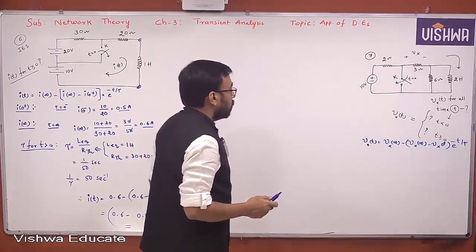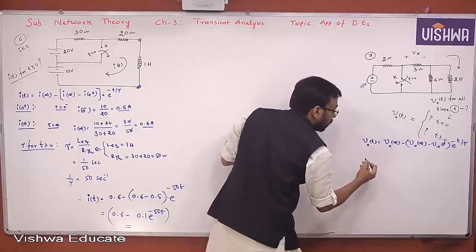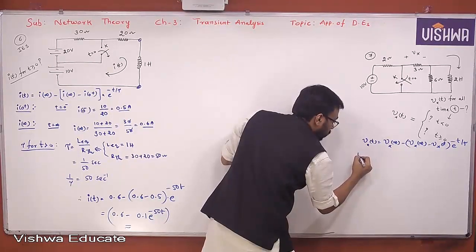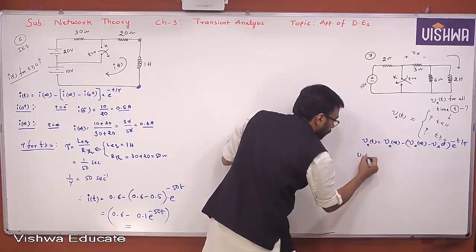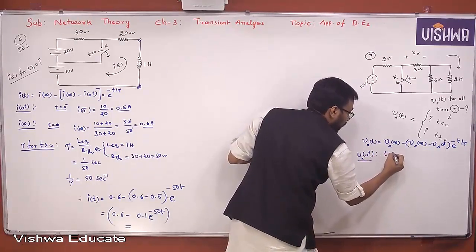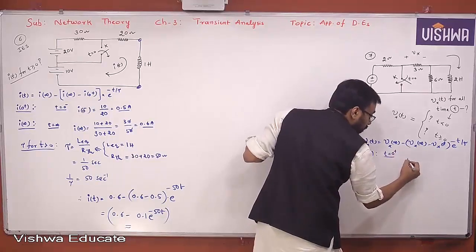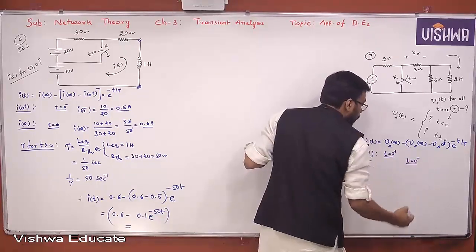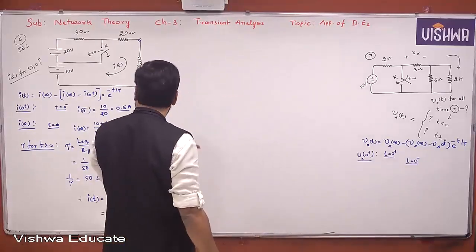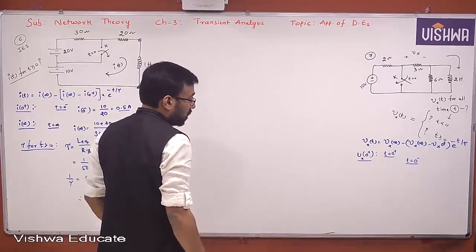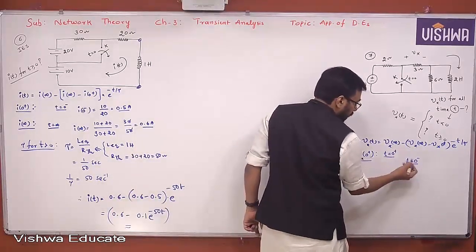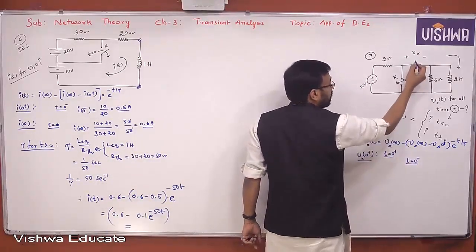Now, what is t equal to 0 plus conditions? At t equal to 0 plus, that is Vx of 0 plus, you need to go with t equal to 0 plus conditions. For that, you need t equal to 0 minus conditions first. Then you can calculate t equal to 0 plus. But here, look at this. What is this Vx? Vx is the voltage across the resistor.